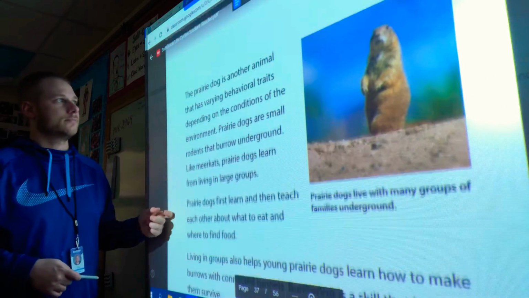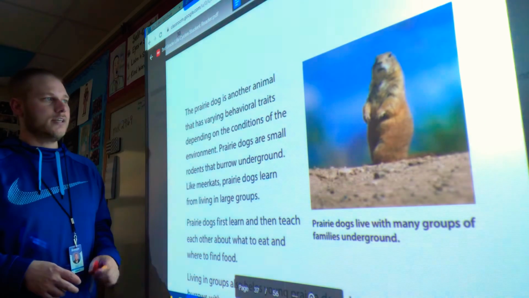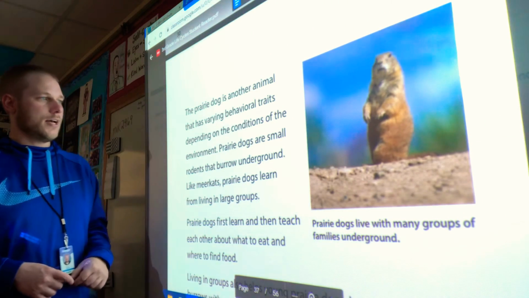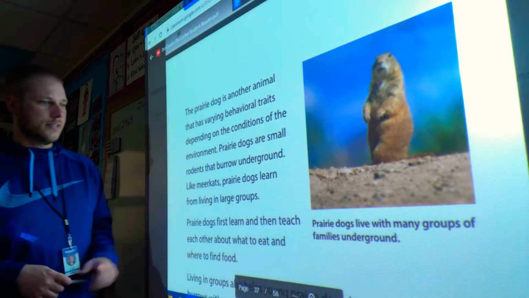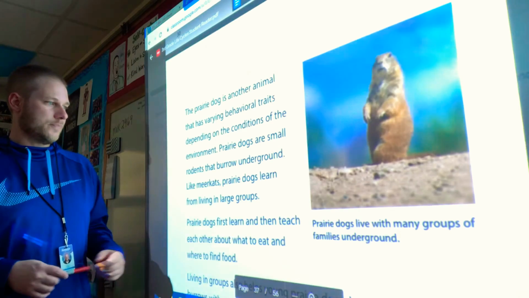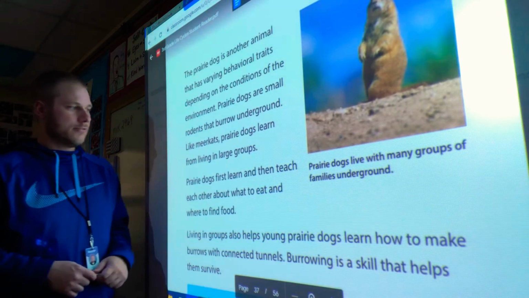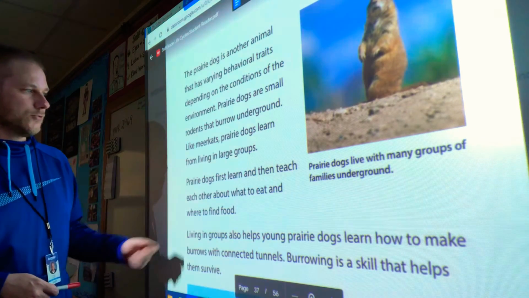Prairie dogs. The prairie dog is another animal that has varying behavioral traits depending on the conditions of the environment. We see prairie dogs in Minnesota. Prairie dogs are small rodents that burrow underground. Like meerkats, prairie dogs learn from living in large groups.